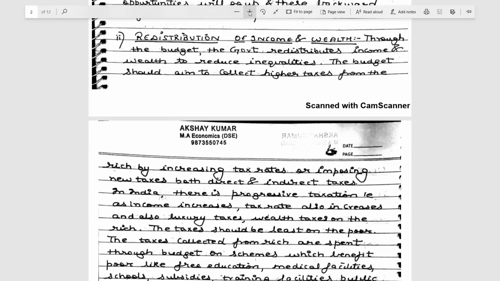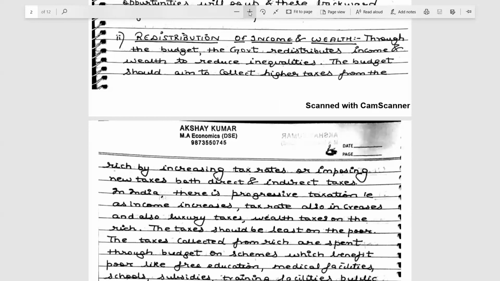If you would remember, when you were in class 11th, you had done something called the Lorenz curve. In statistics, the Lorenz curve captures the amount of inequality in the economy. Remember, there used to be a line of perfect distribution called the 45-degree line.